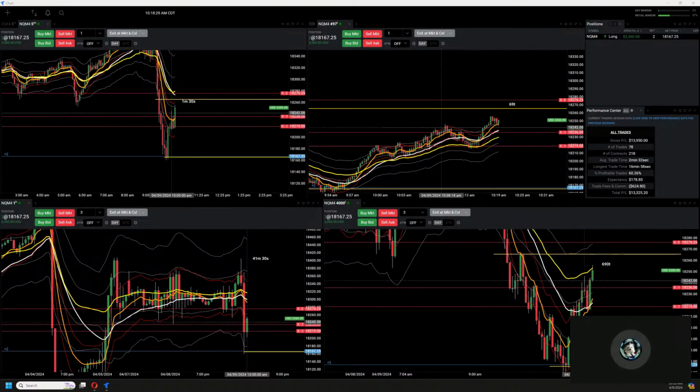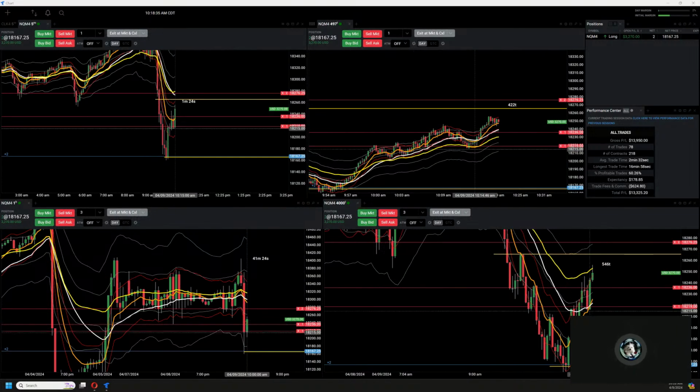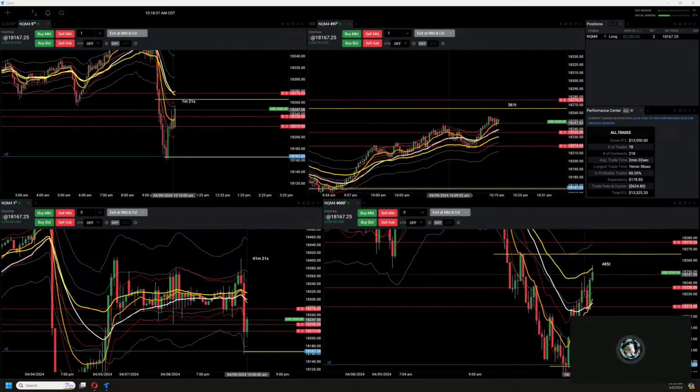Now, like I said, you could have very successfully traded the overshoot of the first test of the fast momentum on chart 1, but this goes back to the story of the chart.